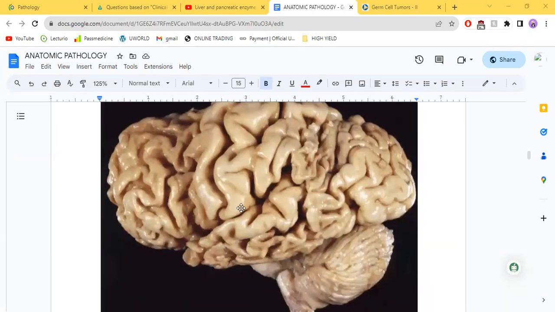Now, what will we call this pathology that narrows the gyri and widens the sulci only in the frontal and temporal lobe? I see responses. Alzheimer's.